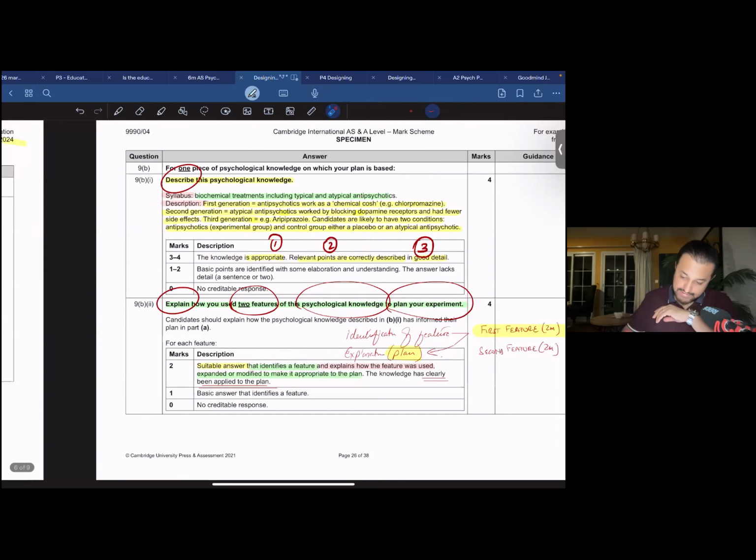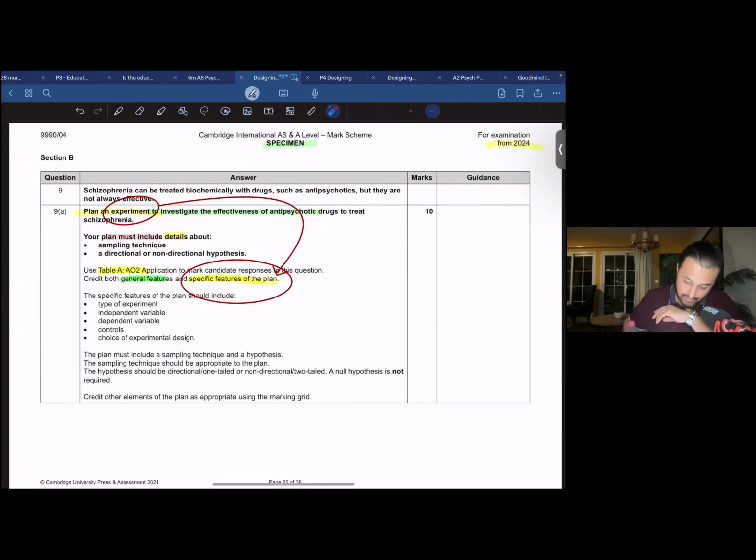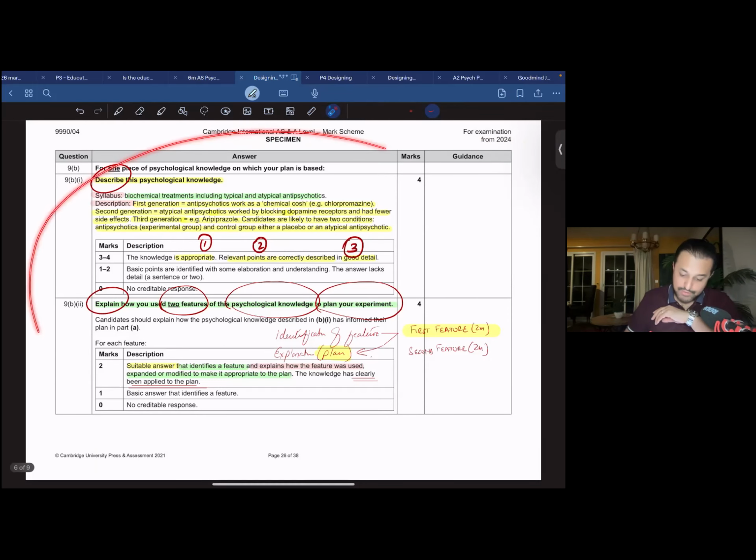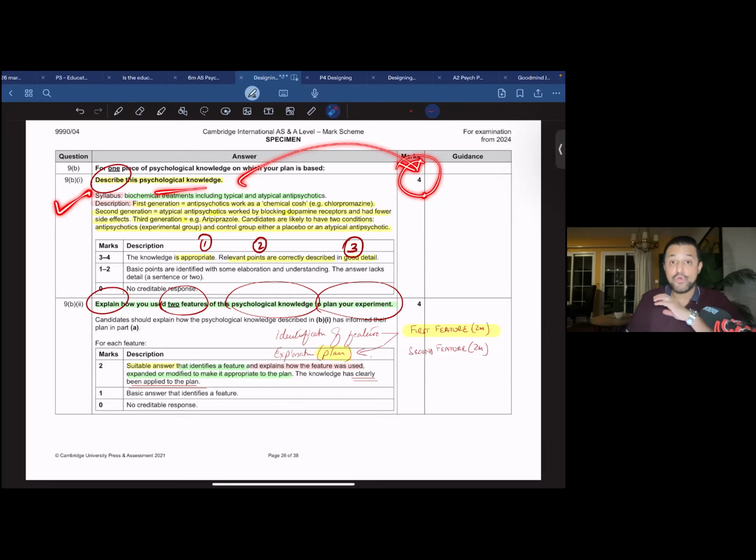So we're done discussing this first part, worth 10 marks. This part we've already discussed. For one piece of psychological knowledge on which your plan is based, describe the psychological knowledge. Again, to be able to do this, you need to know your syllabus content real well, right? This section is worth 24 marks.